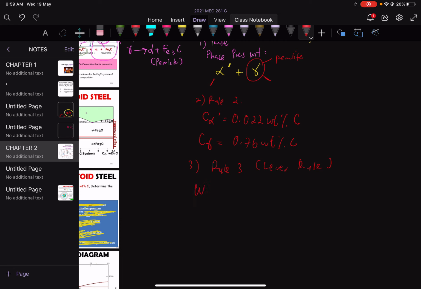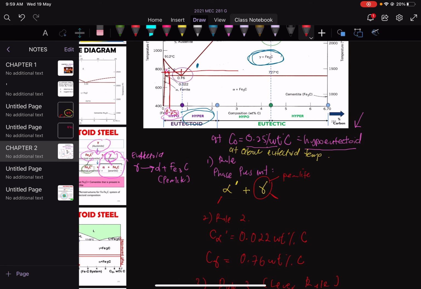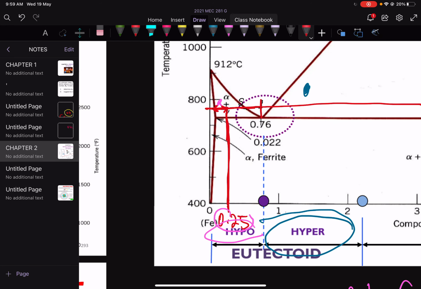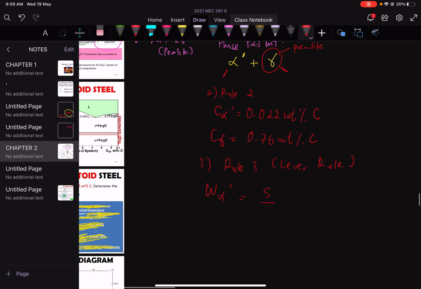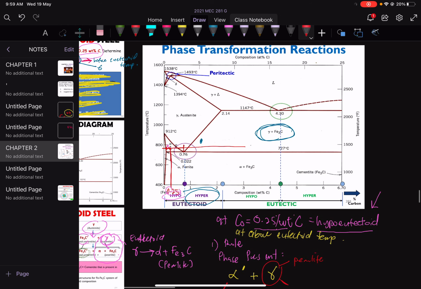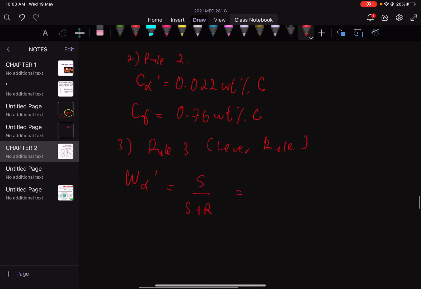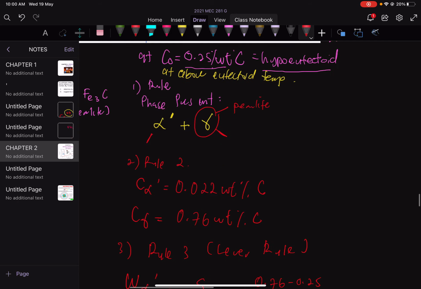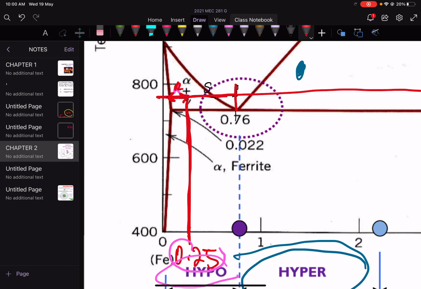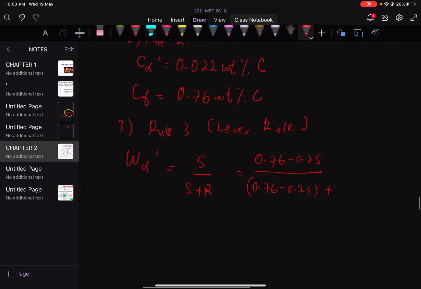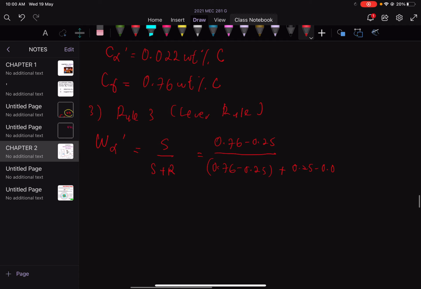Okay, remember if we were to find the weight fraction of proeutectoid, what we need to do is, proeutectoid alpha is R, so we need to take S over S plus R. So S is 0.76 minus 0.25 over 0.76 minus 0.25 plus R. R is 0.25 minus 0.022.